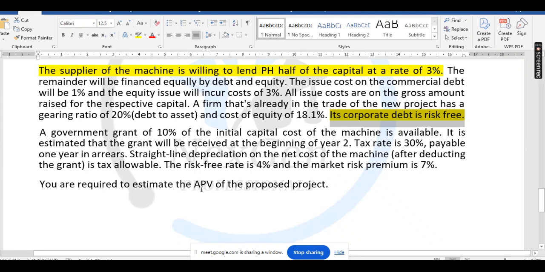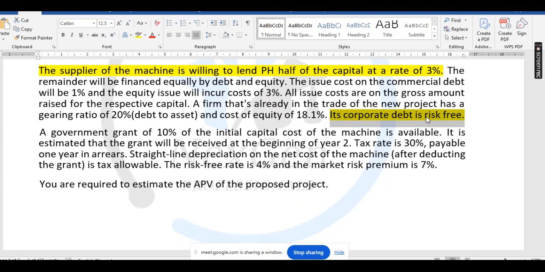Class, the risk-free rate is 4%. If they say its corporate debt is risk-free, then the commercial debt interest rate will be 4%.